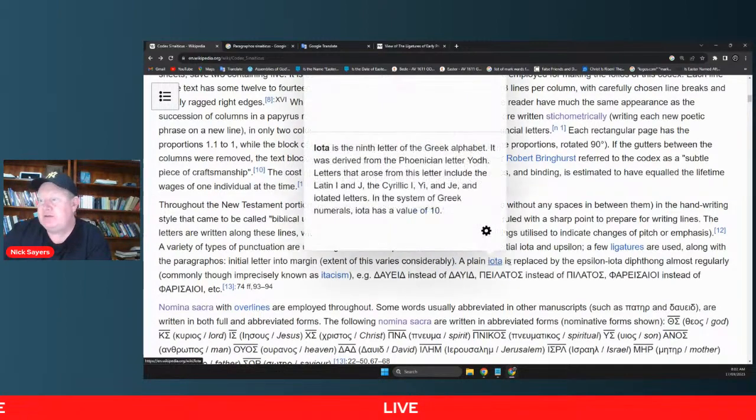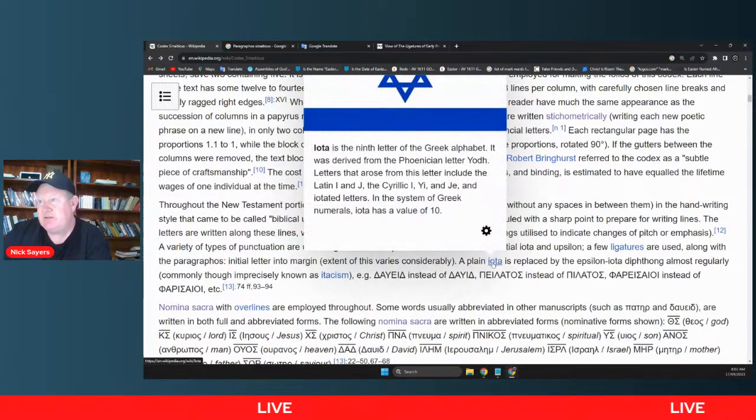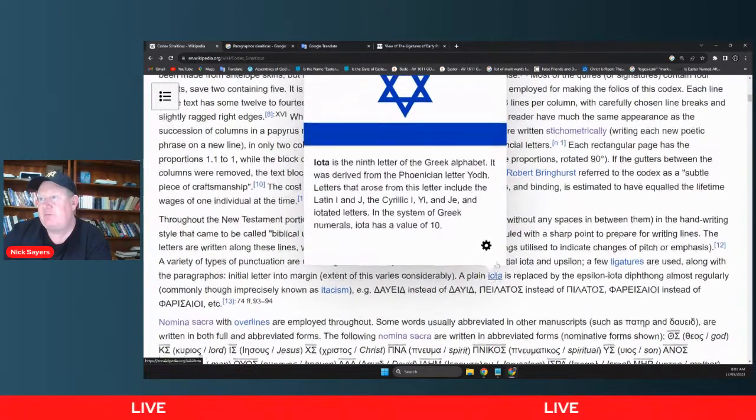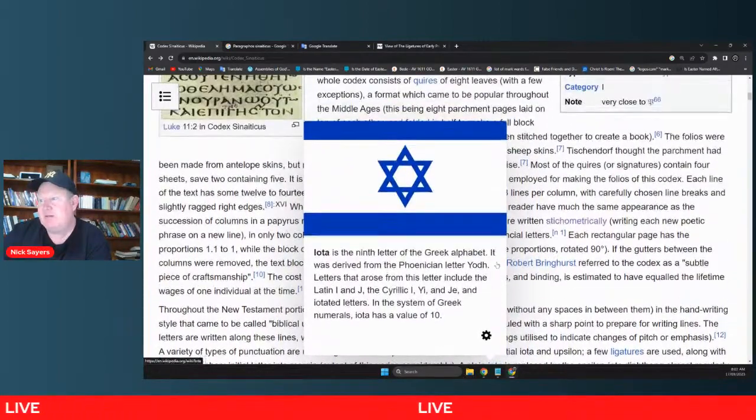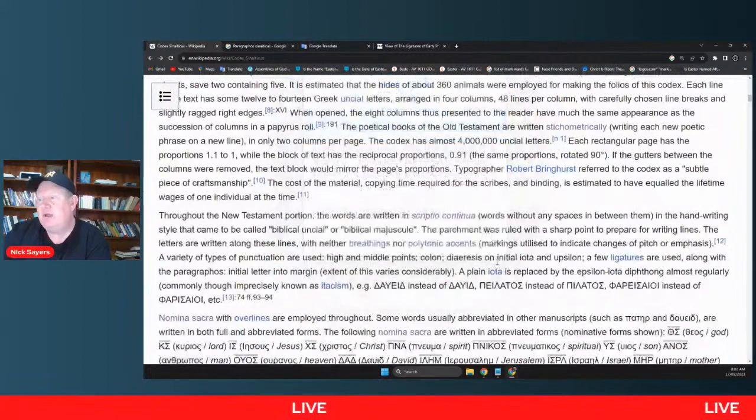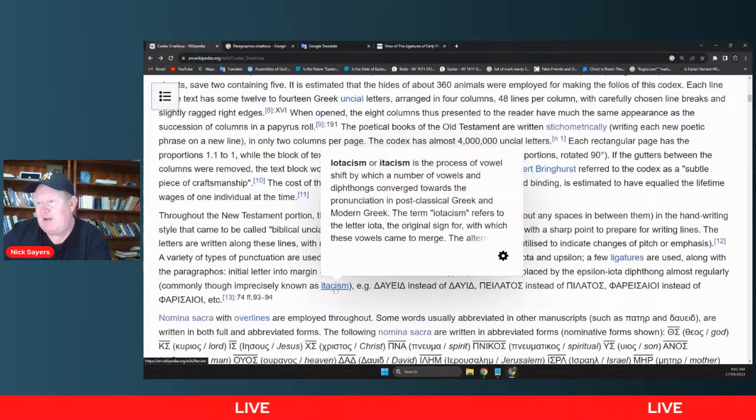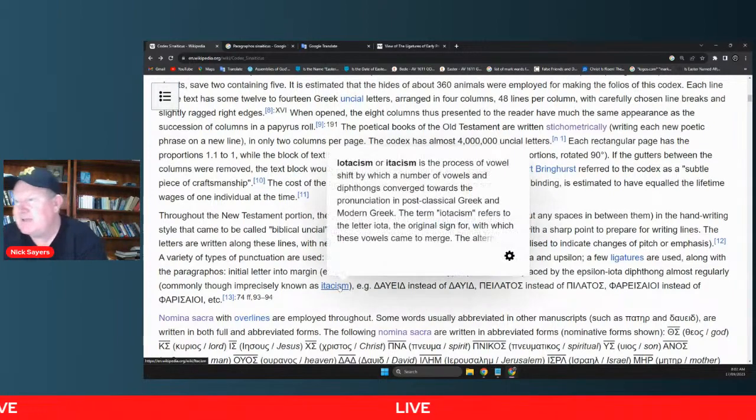A plain iota, and so let's look at the iota, the 9th letter of the Greek alphabet. I don't know why they got the Jewish flag there. That's weird. But the iota, just like the letter I, is replaced by the epsilon iota diphthong almost regularly, commonly, though imprecisely, known as itacism.